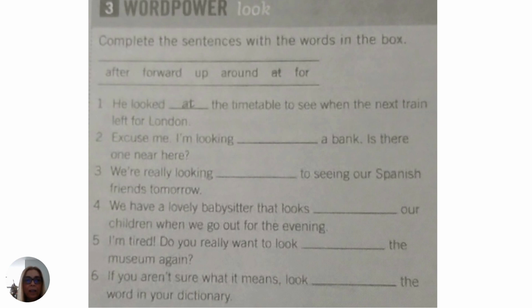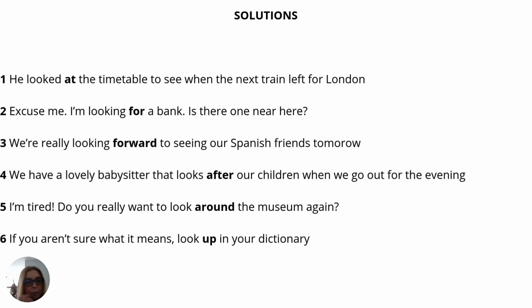This is the exercise I'm going to resolve. Number 1, he looked at the timetable to see when the next train left for London. The meaning is he's looking with his eyes at the timetable. In number 2, excuse me, I'm looking for a bank.